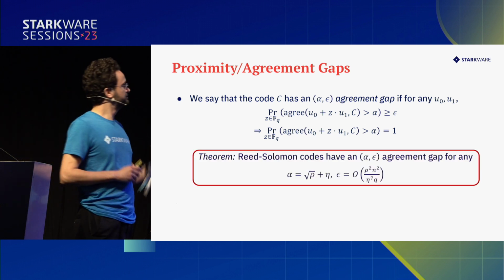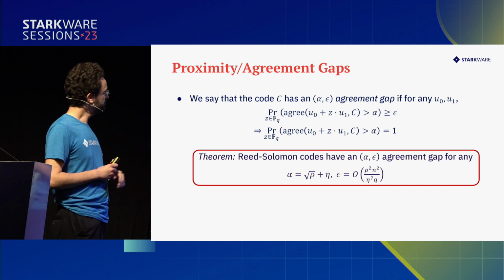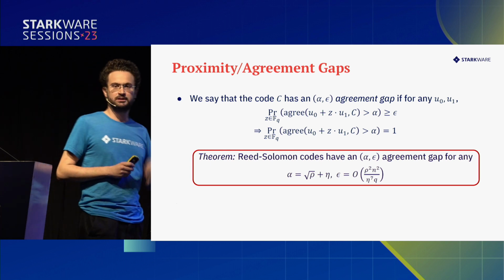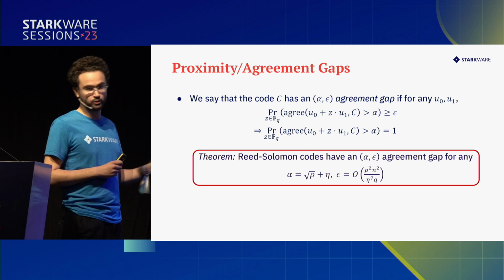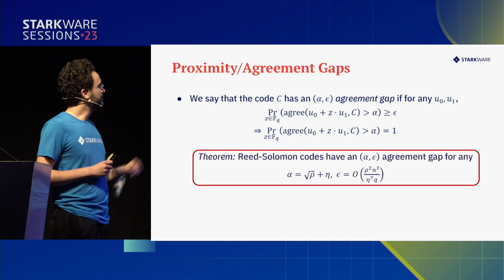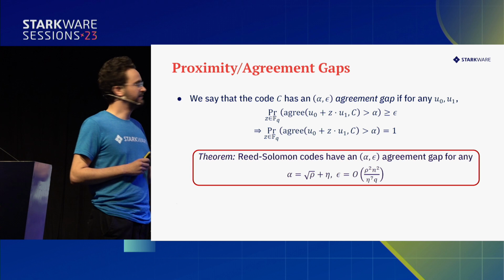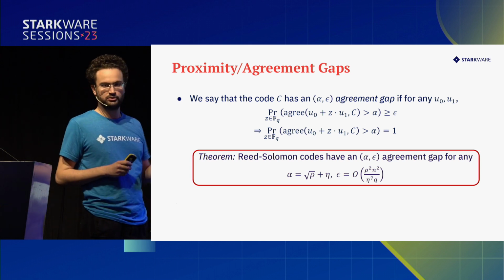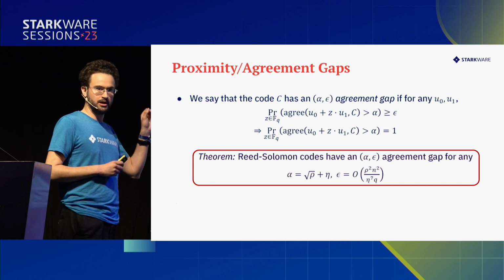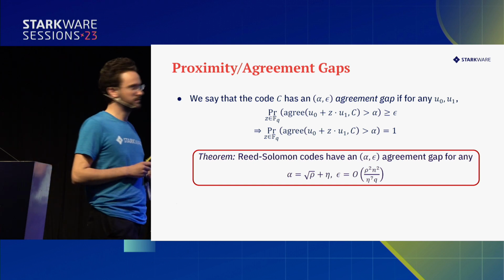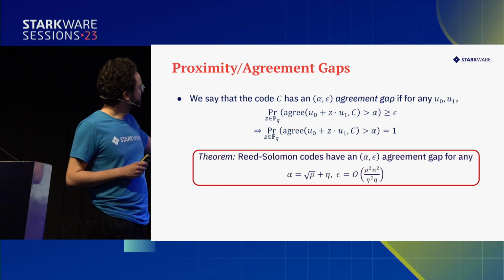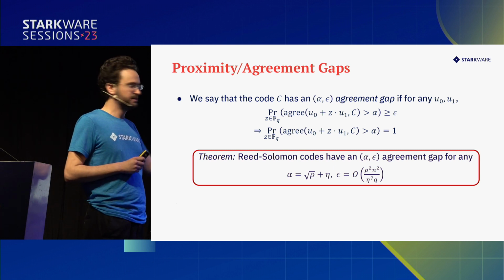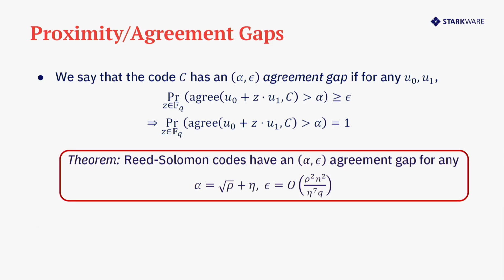And the theorem says that they do have this agreement gap for any alpha which is even slightly greater than the square root of rho, and epsilon which depends on this value of alpha and on n and q. So we need the field size q to be at least quadratic in the domain size n. And then we need this gap between alpha and square root rho to somehow fall in that gap.